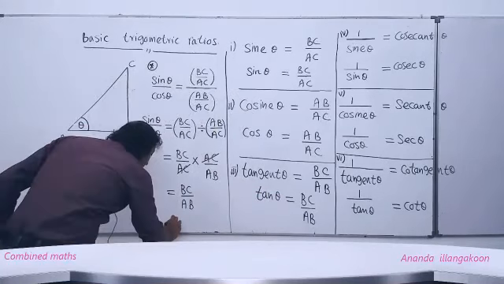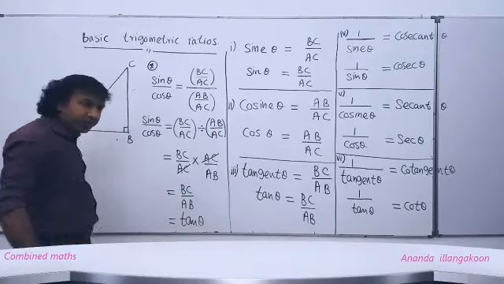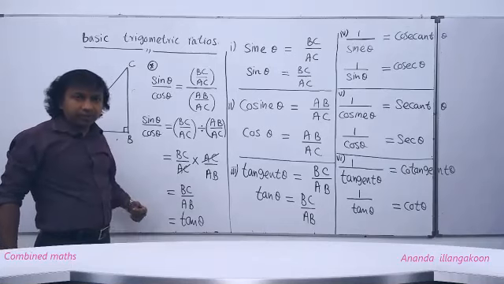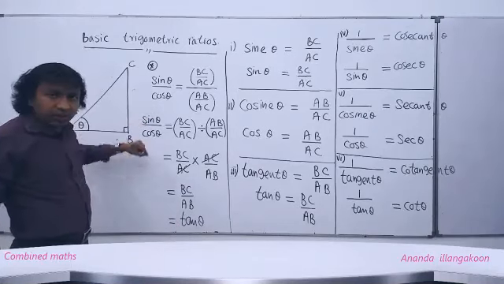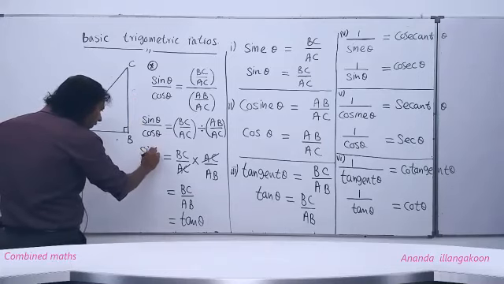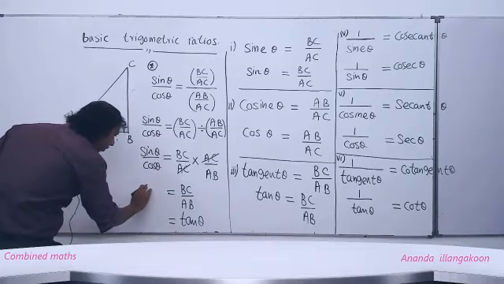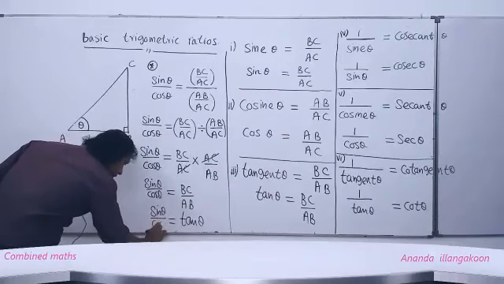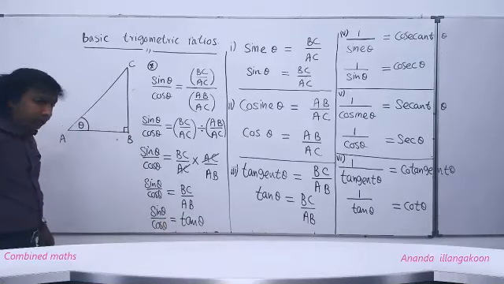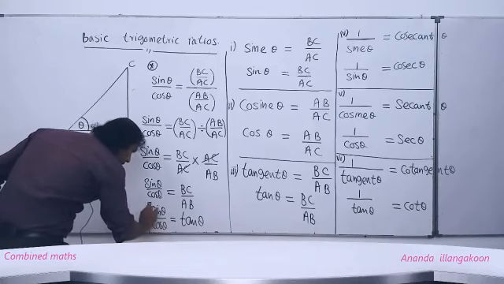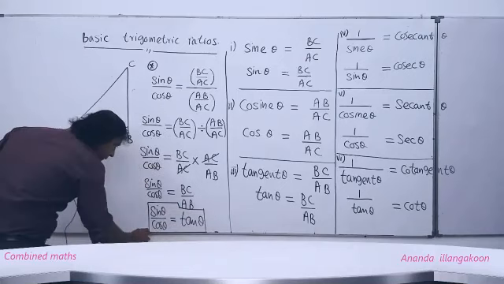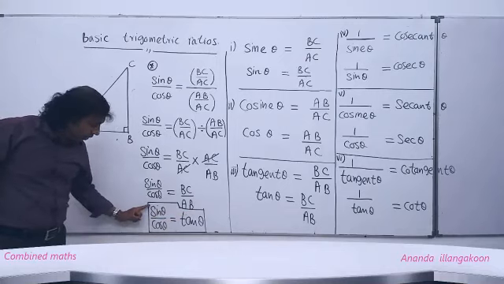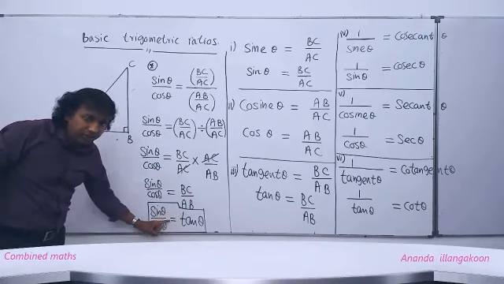So when we divide sine theta by cos theta, the answer is tan theta. Conversely, tan theta equals sine theta divided by cos theta.